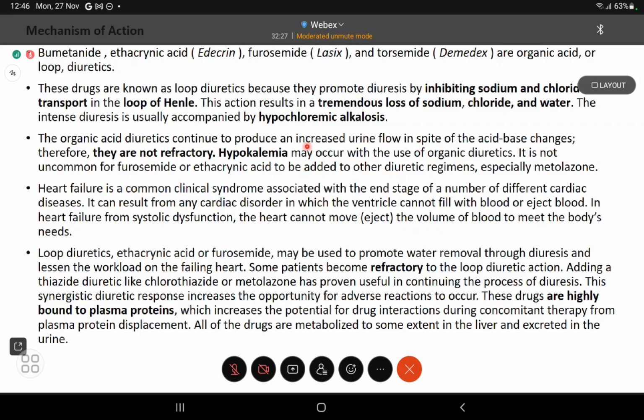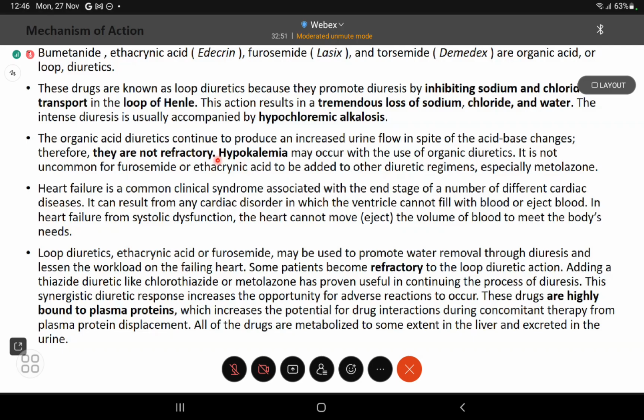Because why? Because your urine is always flowing, so the condition might be replaced by new urine. So that's why they will not cause refractoriness.